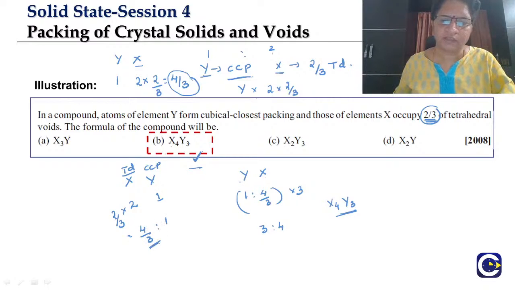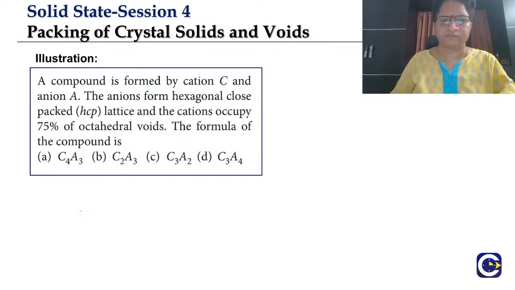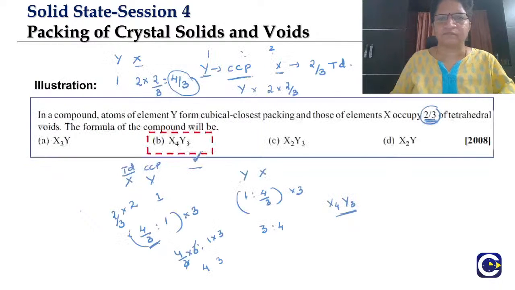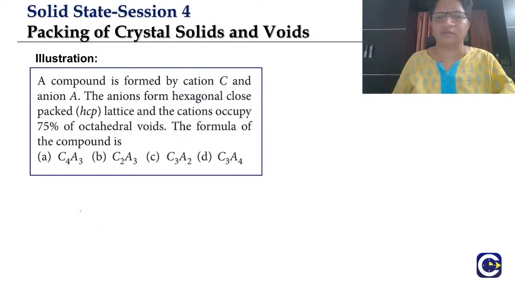Since I cannot take the formula in this term, what I will do is multiply throughout by 3 so that I can cancel. It's 4/3 into 3 is to 1 into 3. So it will become 4, Y will become 3. So 4:3, X4Y3. Are you able to understand this? Good, very good. Fine.